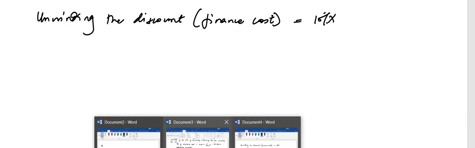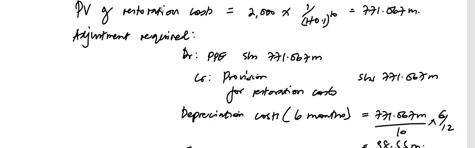So it's 10% times the present value. How much is our present value of this cost? That is 771.067, but of course you multiply by 6 out of 12. This gives us how much?